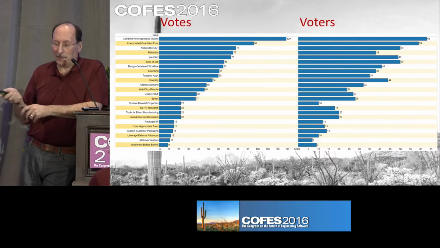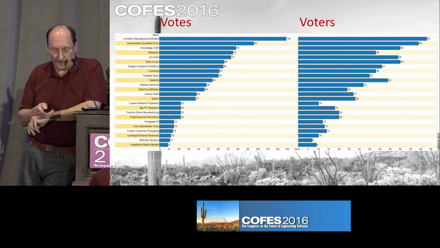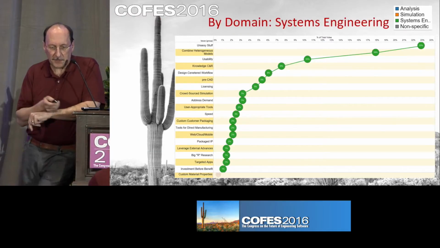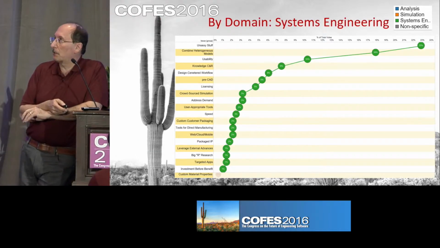So those 10 people felt strongly about them. And how the voters think about this and what they feel passionate about is interesting. But for right now, I'm just going to go through the raw results.